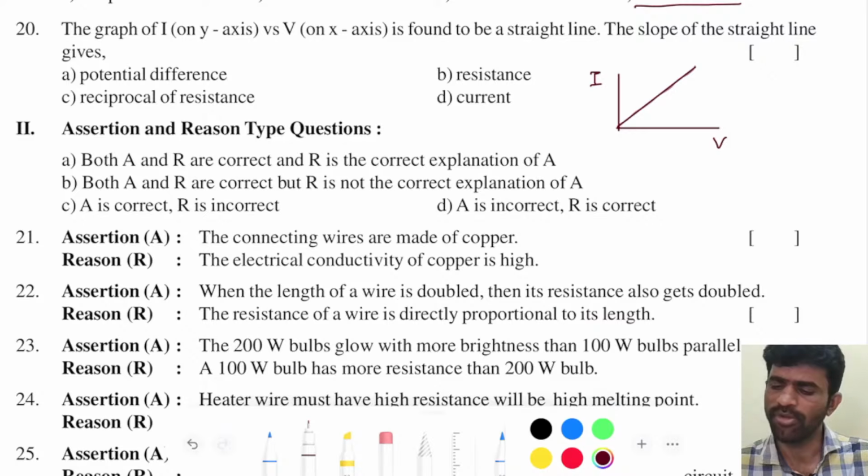You know what the slope of a line is? Slope of a line is its vertical distance by horizontal distance.